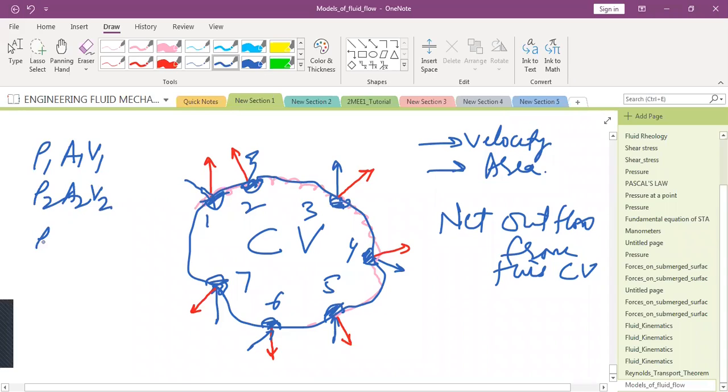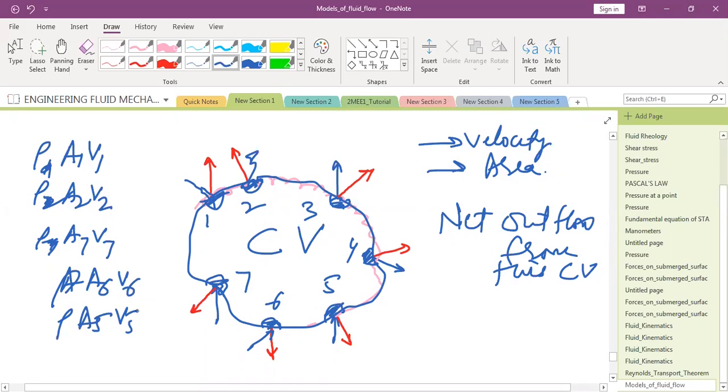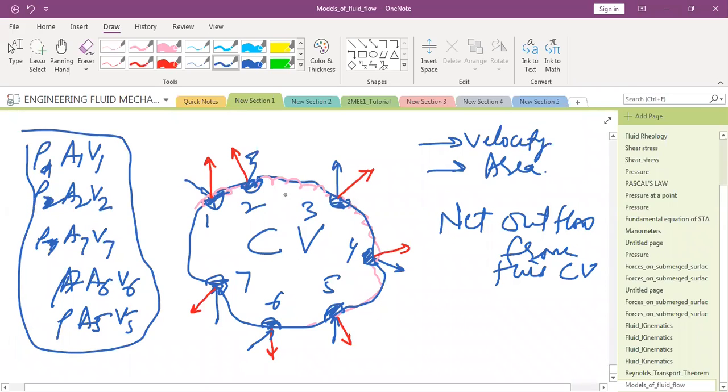Then, rho is the same, so rho A7 V7, then rho A6 V6, then rho A5 V5. So this is what is entering the control volume. On the other side you write what is exiting: rho A3 V3, then rho A4 V4. These are what are exiting the system.